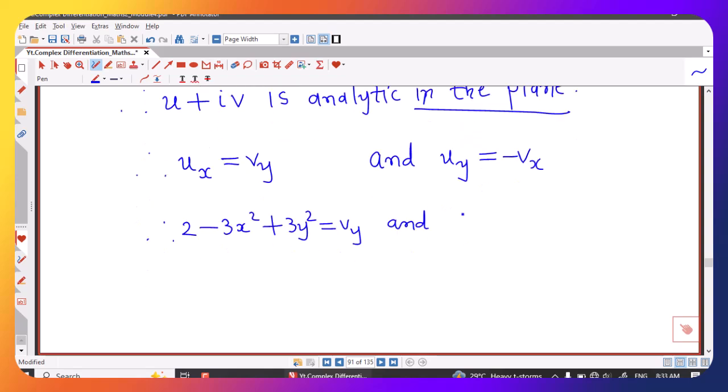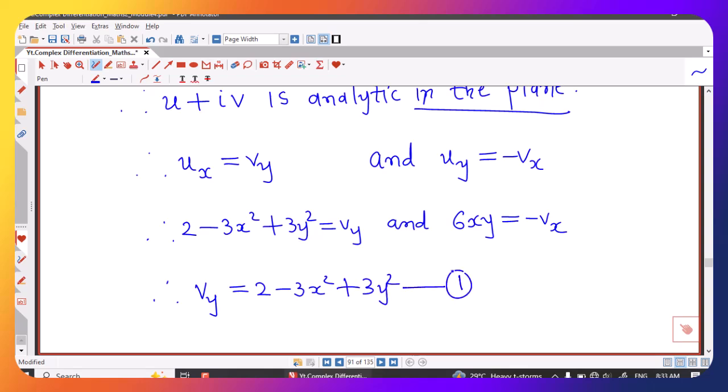So here we write 6xy equal to minus del v by del x, and this we can rewrite in this way: del v by del y is 2 minus 3x square plus 3y square. We give this number 1, we are going to use them to obtain function v, and del v by del x can be rewritten as minus 6xy, and we give this number 2.